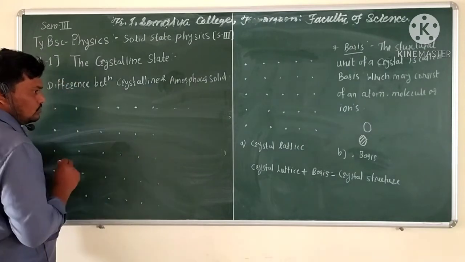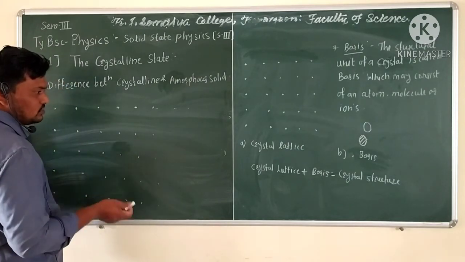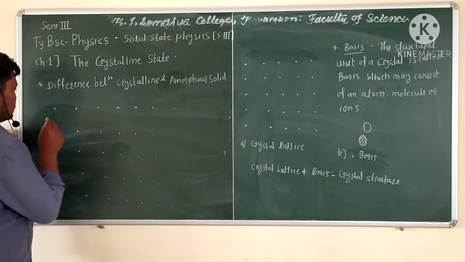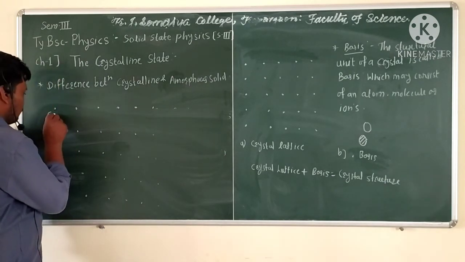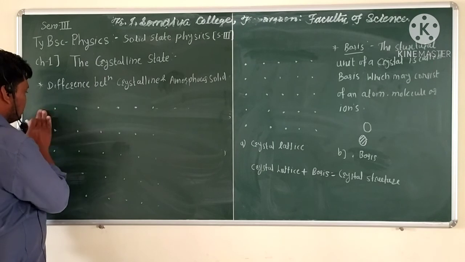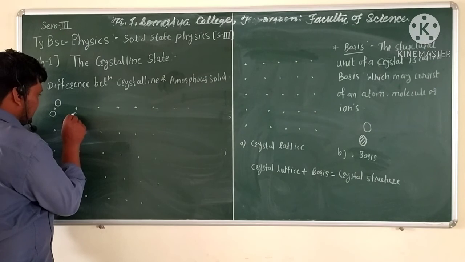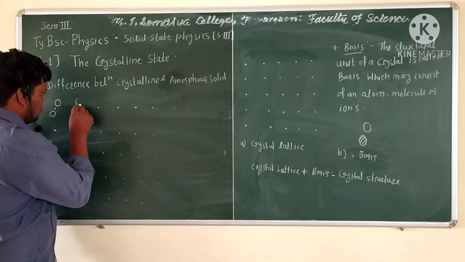So we have to know what is meant by crystal structure: crystal lattice plus basis is the crystal structure, and this basis point is seen here as a closely packed structure like this.